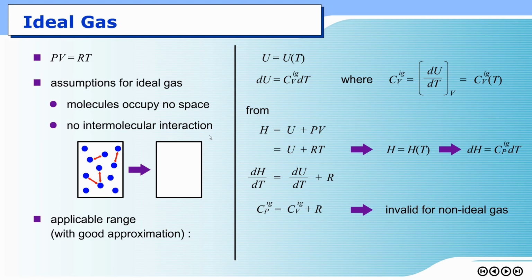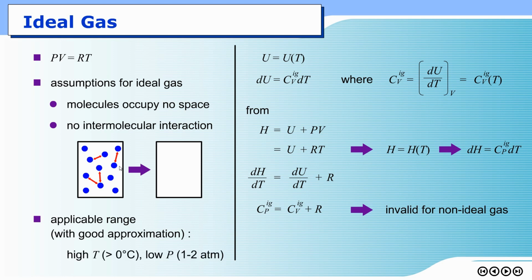For the second assumption, it will be true only when atoms are further apart, or atoms are moving at very high velocity. Okay, such conditions can take place only when pressure is low and temperature is high. The question would be how low the pressure should be so that the ideal gas assumption is applicable, and how high the temperature should be.